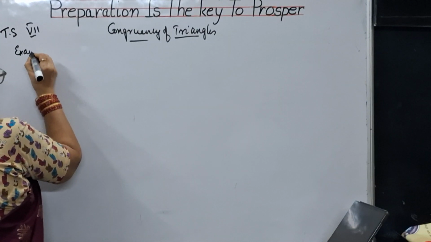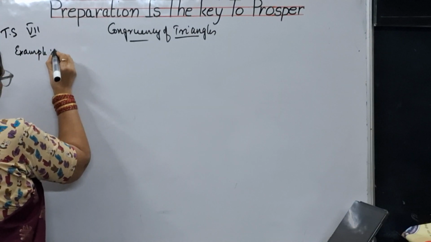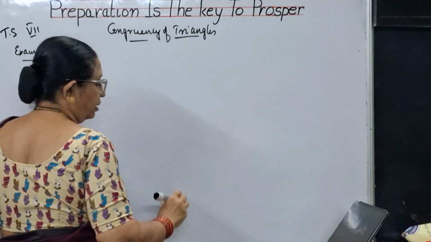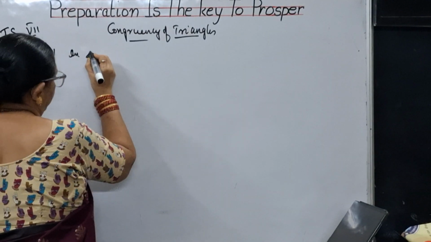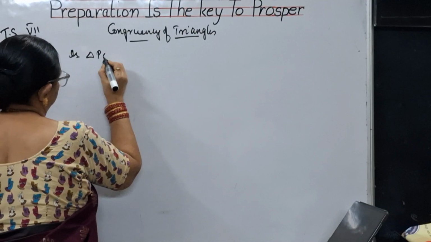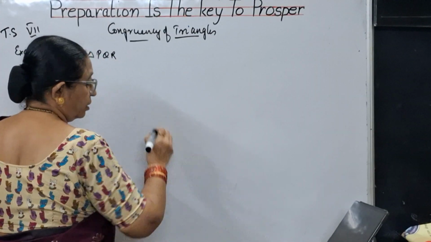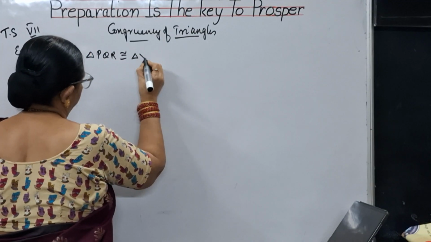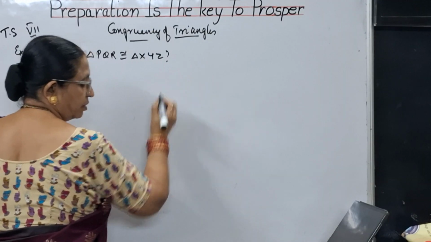Example 1. Here he is asking to prove is triangle PQR congruent to triangle XYZ.